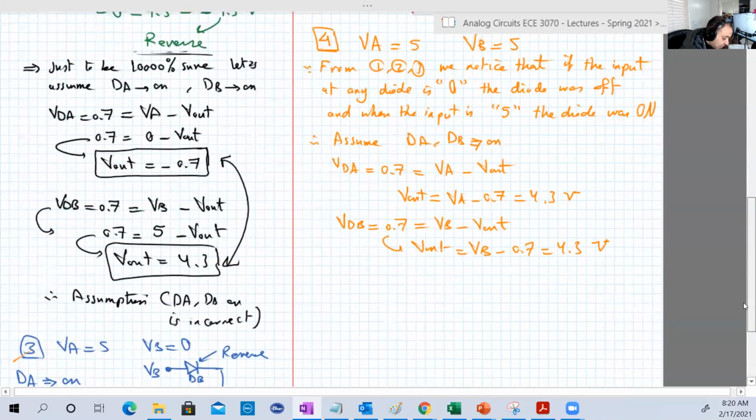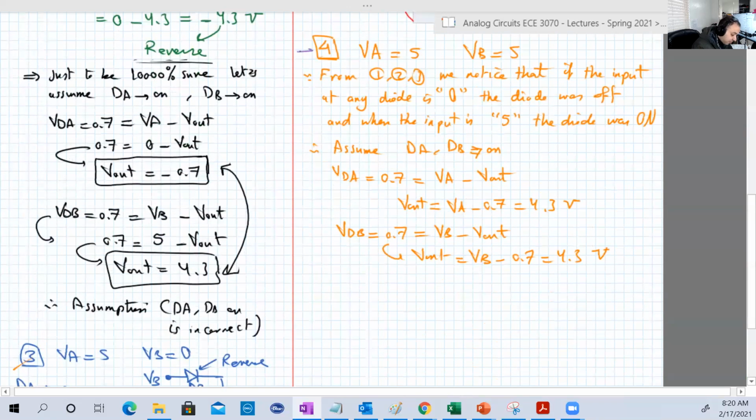For example, let's calculate the current here for number 4. IL equals V out, or VR, divided by R, so 4.3 over 1 kilo ohm. So this will be 4.3 milliamperes.